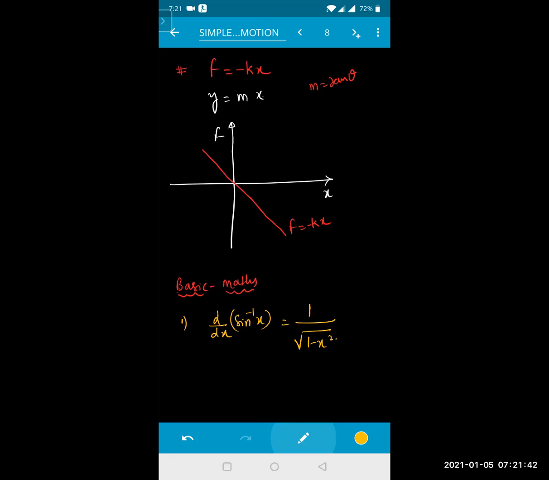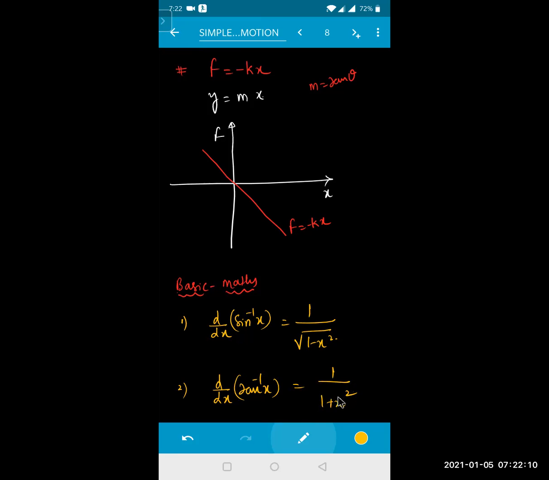This is the equation which we need to remember. You need to remember this one only. Whenever you get a differentiation of sine inverse of x, directly you write 1 by under root of 1 minus x square. In the same way, d by dx of tan inverse of x will be equal to 1 by 1 plus x square.